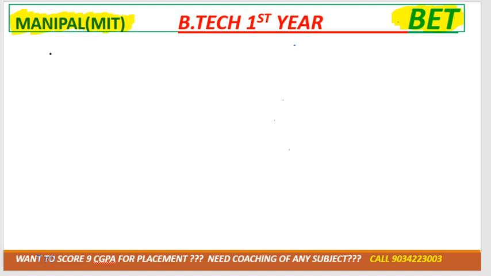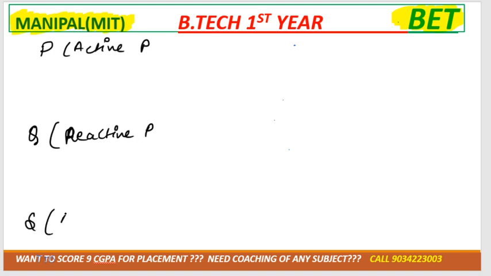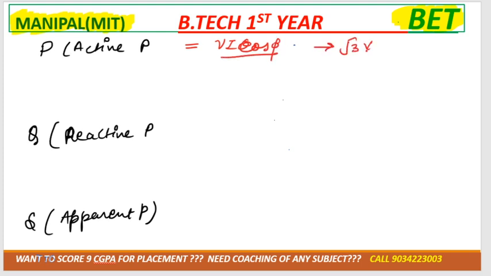Now we are left with the power. We'll have 3 kinds of power: one is the active power, another is the reactive power, and another is the apparent power. Active power for single phase is VI cos phi, right? But now we are learning three phase, so it would be root 3 VL IL cos phi, or in terms of phase, it would be 3 VPH IPH cos phi.